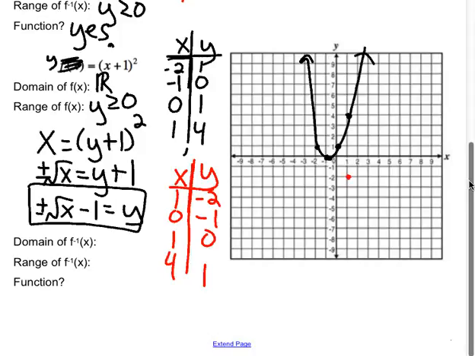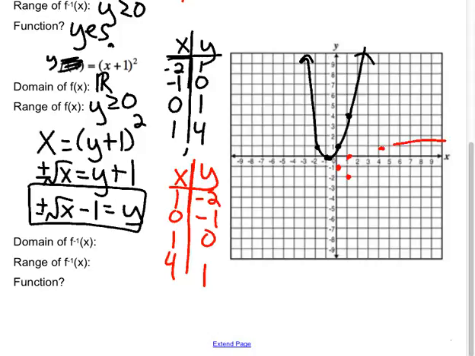So 1, -2, 0, -1, 0, 1, and 4. Oh, I'm sorry. 1, 0. What's going on? Let's see here. 1, -2, 0. Oh, that's why I went wrong. 0, -1 puts me right there. 1, 0, and 4, 1.